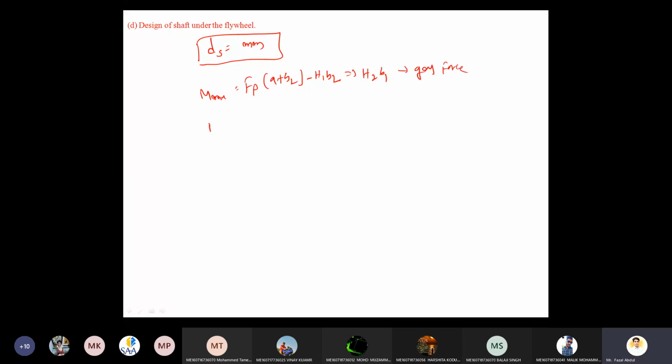Another maximum bending moment I'm calculating: H1 dash B2, otherwise H2 dash B1, otherwise T1 plus T2 into B1 B2 by B. This is due to the belt tension, and this is due to the flywheel.